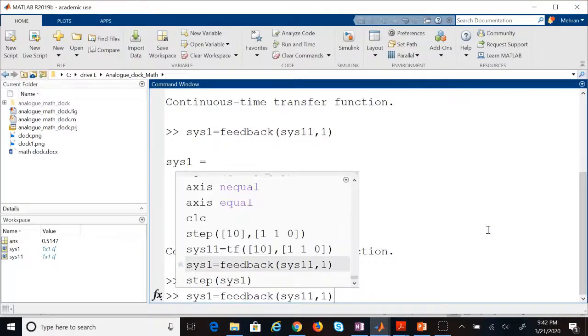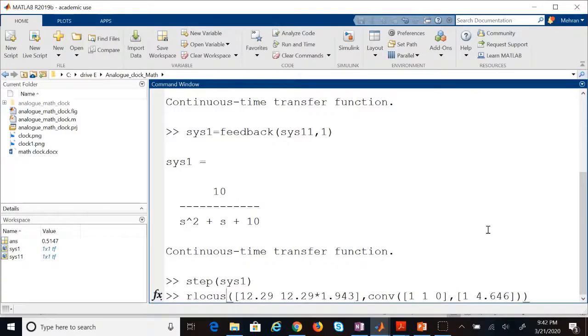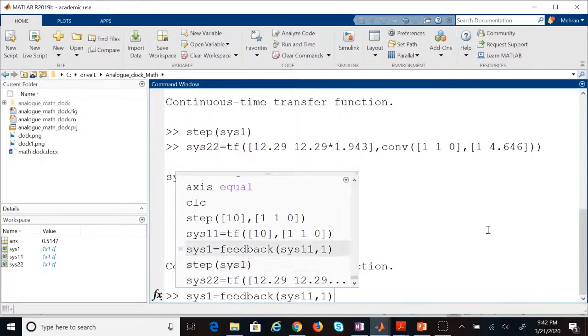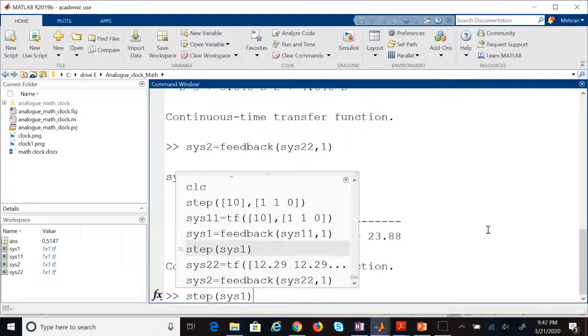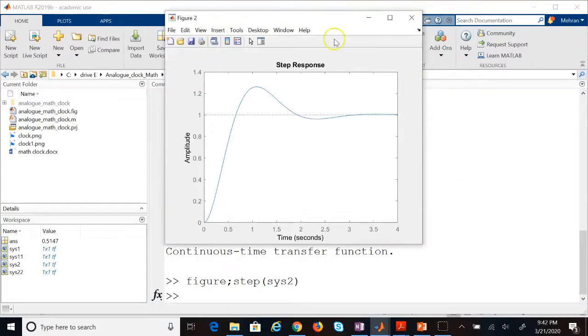Now I add a new system, where the new system is this one. So I call this sys22. It's a temporary system. Is transfer function of this, and then I say system22, give it the unity feedback, and call it system2. And now I want to plot the step response of system2 in a separate figure, which is this guy.